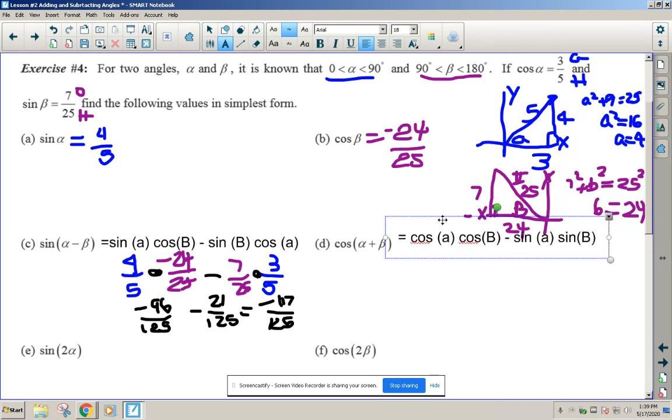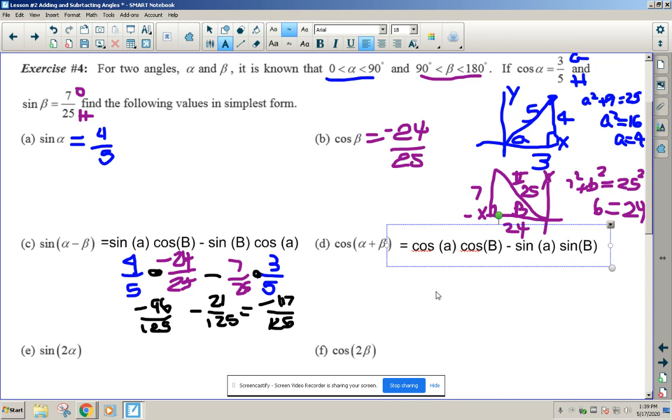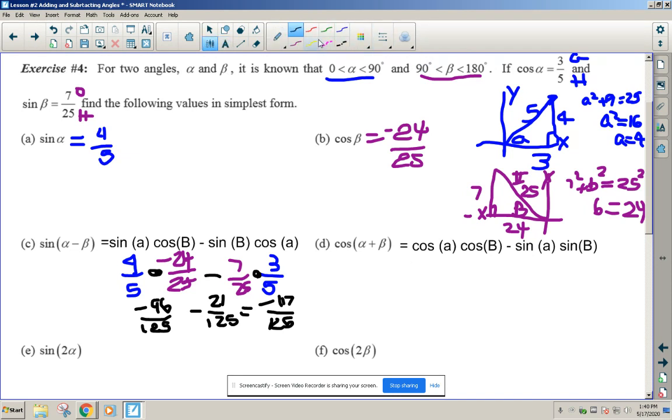And we're going to take these same four fractions, and now we're just typing them in this way. So the cosine of alpha was given to us as 3 over 5. So here's my 3 over 5. The cosine of beta, right here, negative 24 over 25.